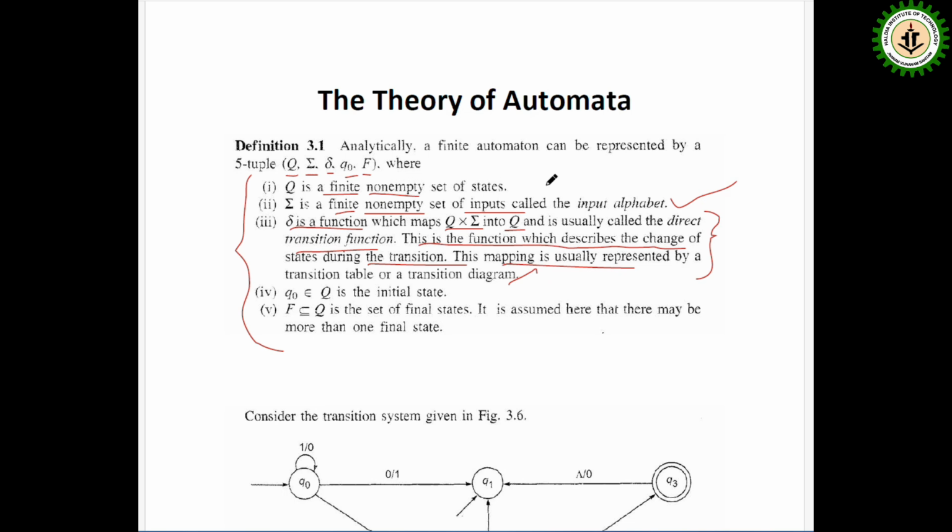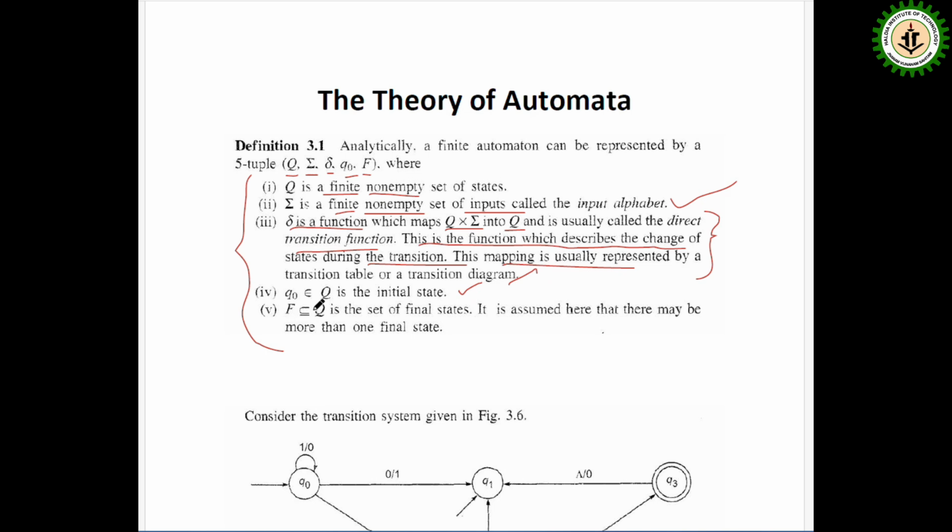Another thing is Q0, which belongs to Q. What is Q0? Q0 is the initial state. The machine could have multiple states, and one of the states, Q0, is the initial one.